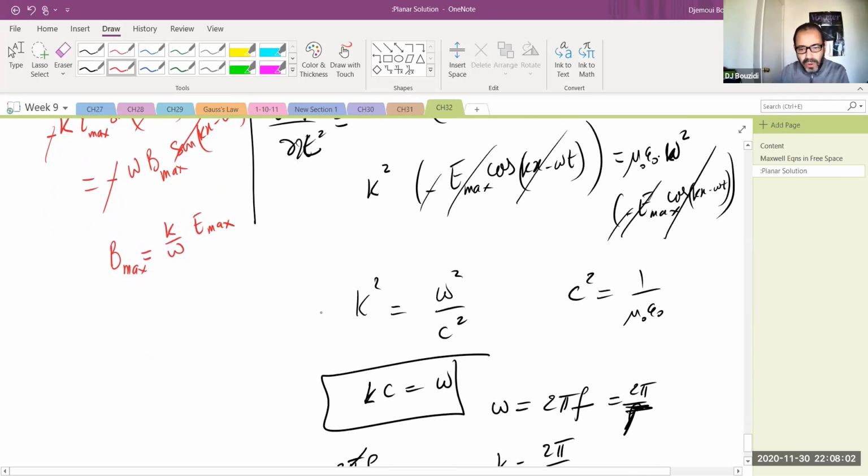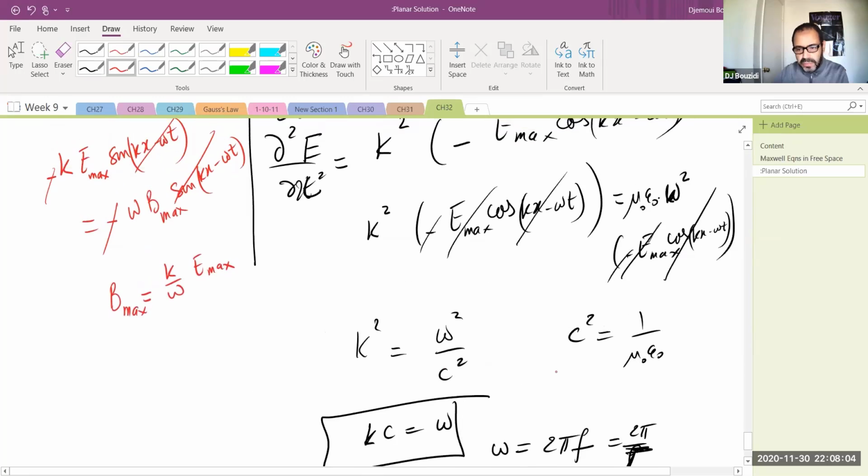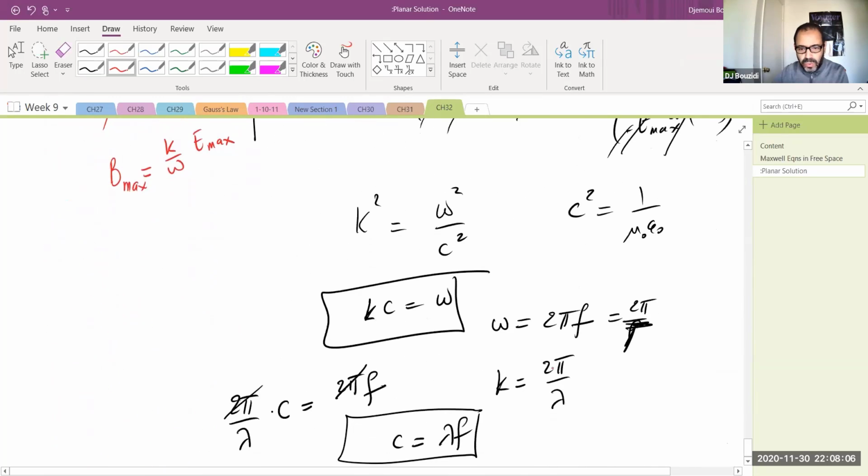And k over omega, from this expression, is 1 over c. So B max is equal to E max over c.